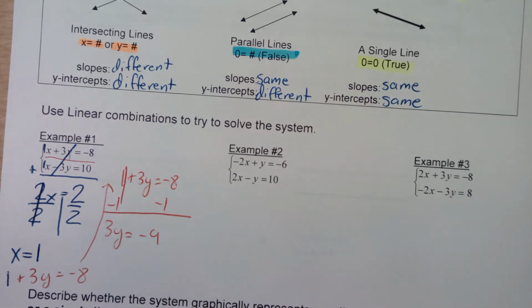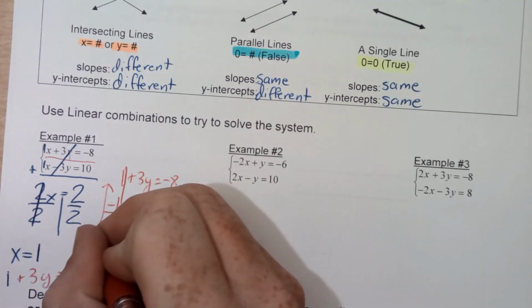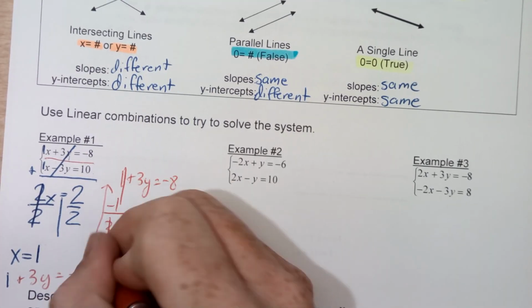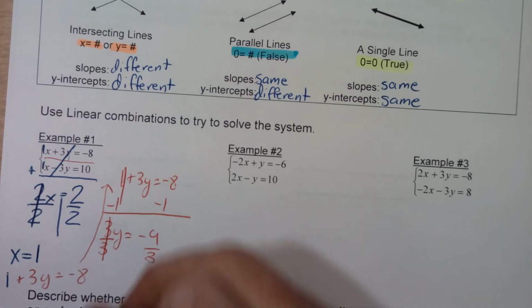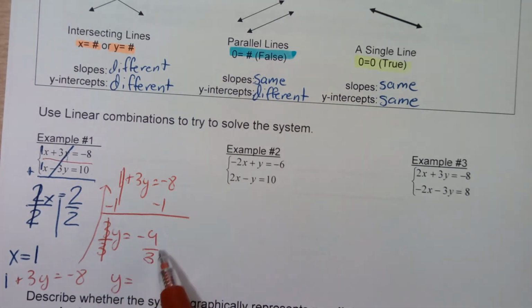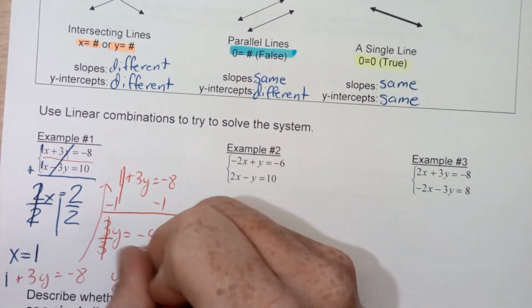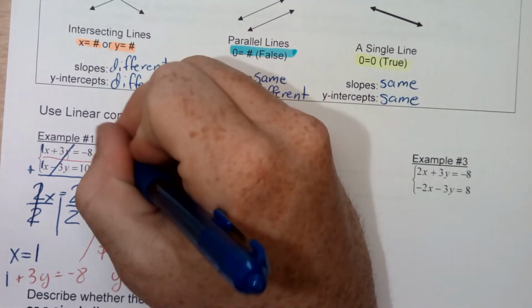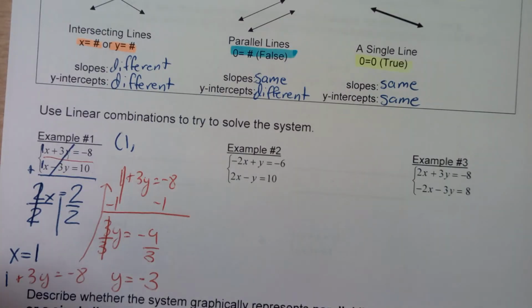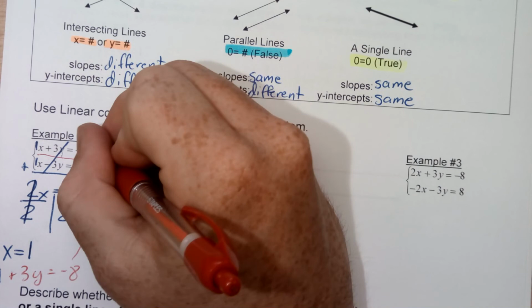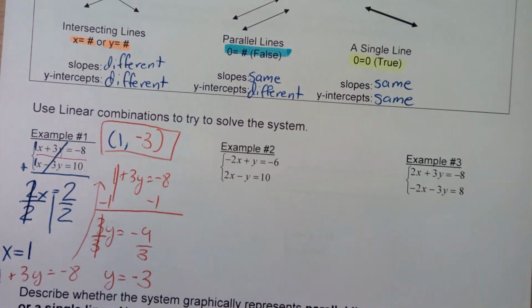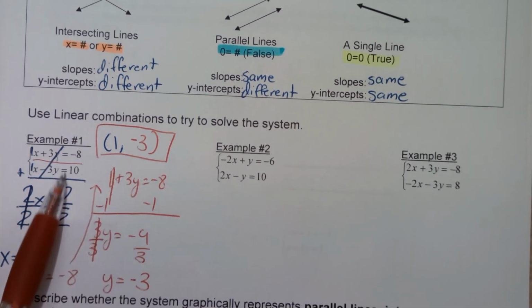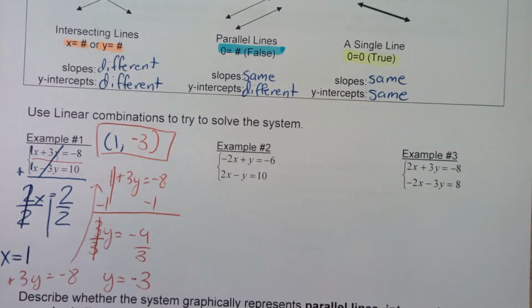Now I know that 3 is multiplying my y, so I need to do the opposite, which is division. Those cancel out, so I get y equals negative 9 divided by 3, which is negative 3. So my ordered pair is (1, negative 3). This is just a normal one like we've been completing. It means this is the point where these two lines intersect, at (1, negative 3). That's the one solution they have.